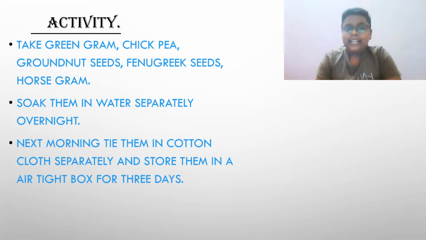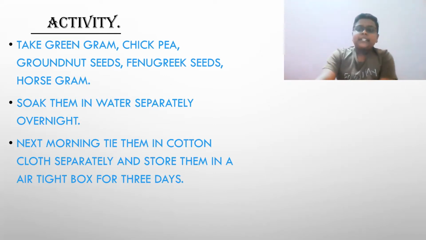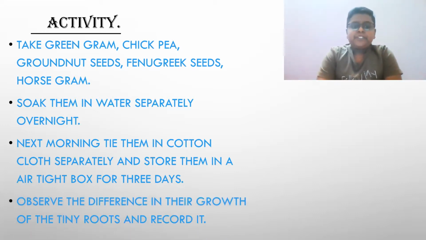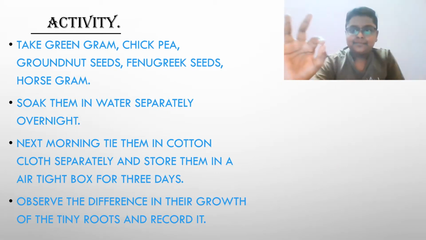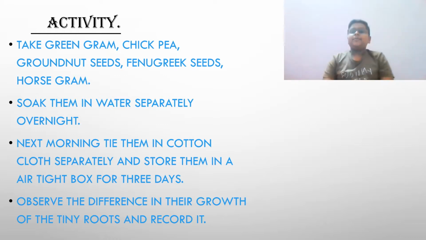Tie the seeds in it, drain the water, and keep it in an airtight box for 3 days. Observe the difference in the growth of tiny roots and record it, how the seeds have changed.